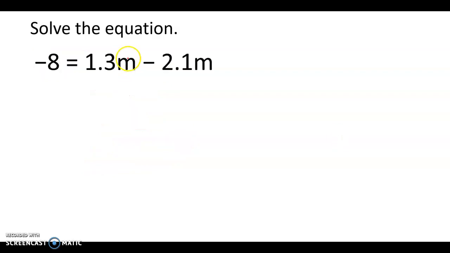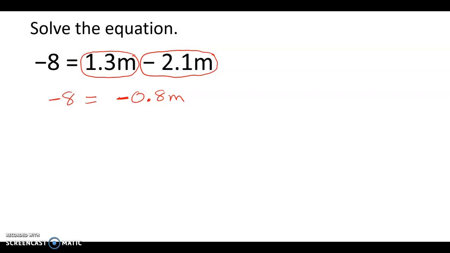So the next one, again, I have this variable term and another variable term. I have two of them that have the letter m. So I have to go 1.3 minus 2.1 on the calculator. And that's going to give me negative 0.8m. The equal sign comes down and the negative 8 comes down.